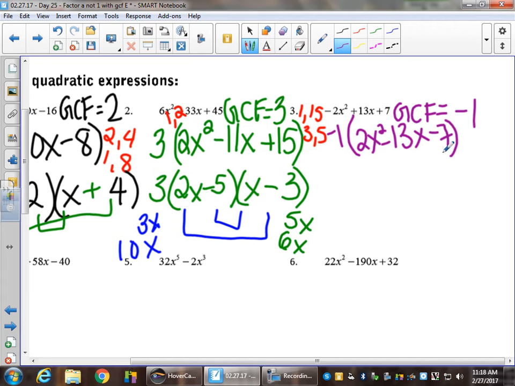Sit up, follow along. What are my factors of A? 2 and 1. What are my factors of C? 7 and 1.